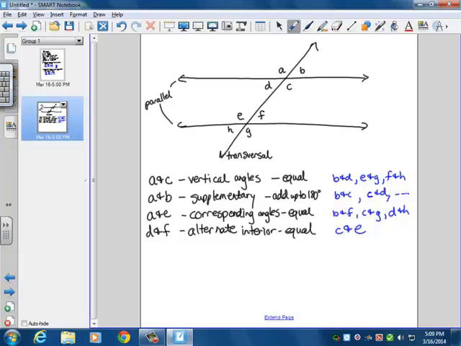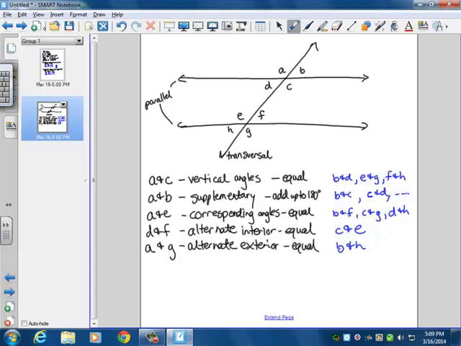We could also say alternate exterior. I'll throw that in there. I don't know if the software goes over this, but A and G would be alternate exterior. And you could tell, looking at this, these would be equal as well. Alternate exterior A and G, and then B and H would also be alternate exterior on the outside.